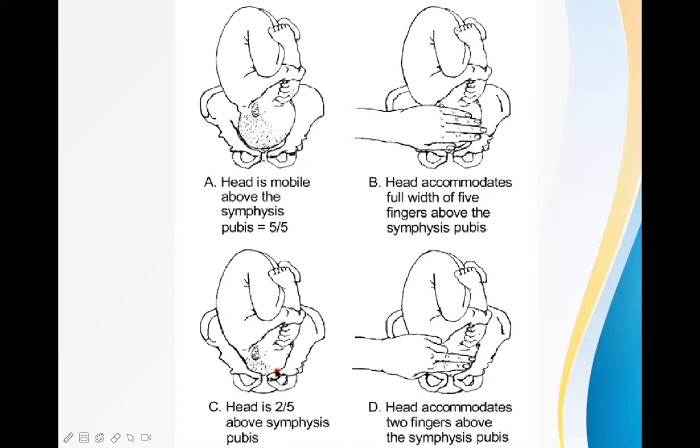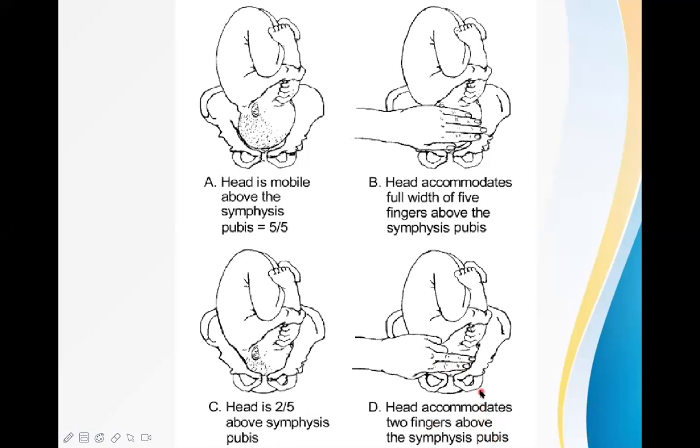Whereas in this condition, see this, you cannot see the complete head, right? A part of the head has already entered into the pelvic brim or pelvic inlet. So it is 2 by 5 above the symphysis pubis. Now, how do I know it practically? Only 2 fingers, okay, are on the fetal head, or the head is accommodating only 2 fingers above the symphysis pubis.